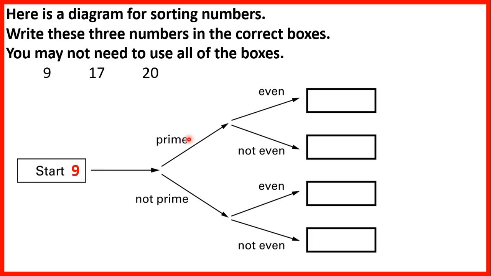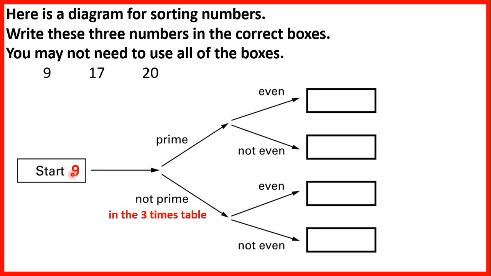First, we need to decide whether it's prime or not prime. So we need to remember that a prime number only has 2 factors. A prime number is only in the 1 times table and its own times table. But 9 is not a prime number because it's in the 3 times table as well.